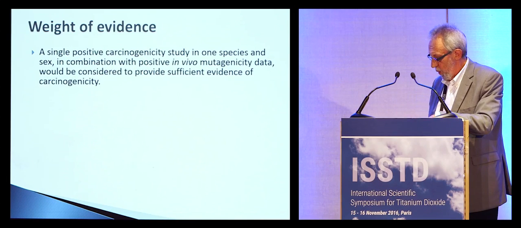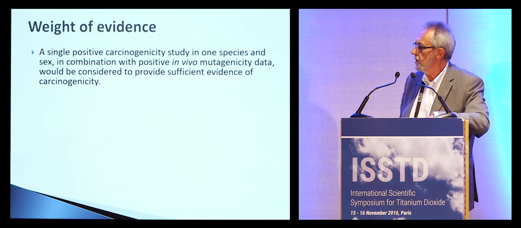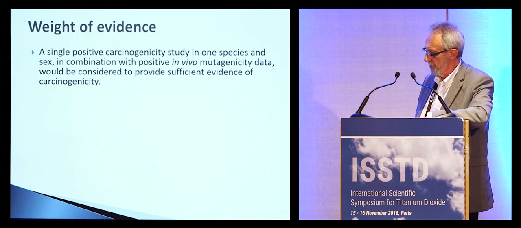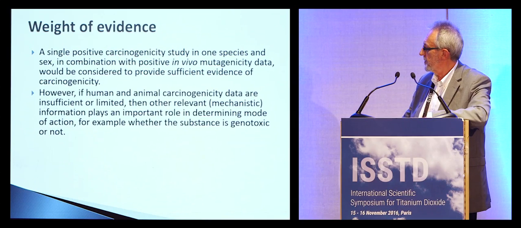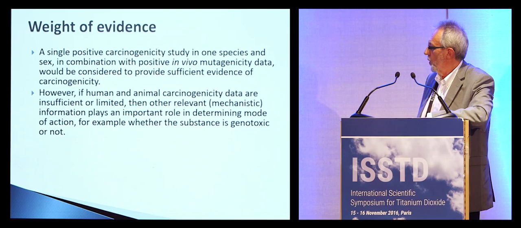So, how is weight of evidence used? A single carcinogenicity study in one species and sex in combination with positive in vivo mutagenicity data would be considered to provide sufficient evidence of carcinogenicity. However, if human and animal carcinogenicity data are insufficient or limited, then other relevant mechanistic information plays an important role.